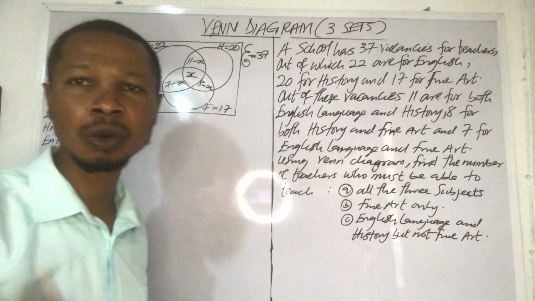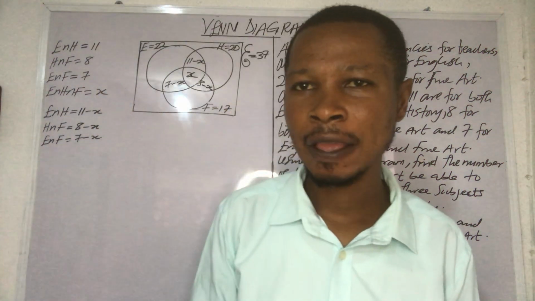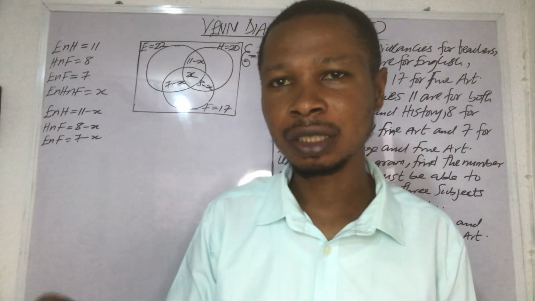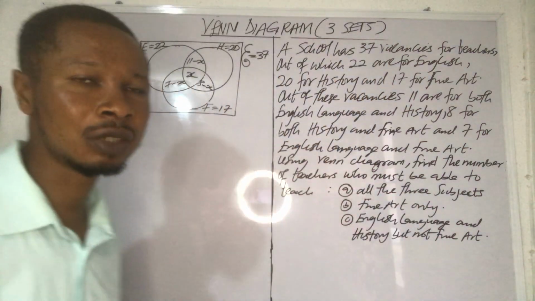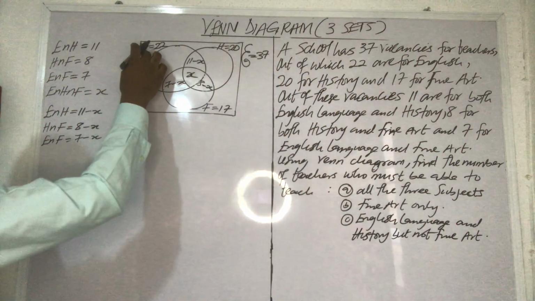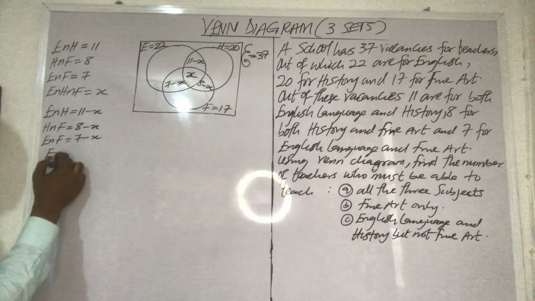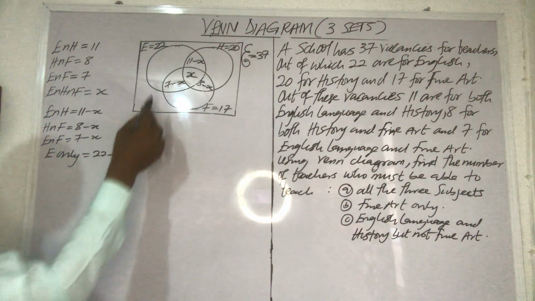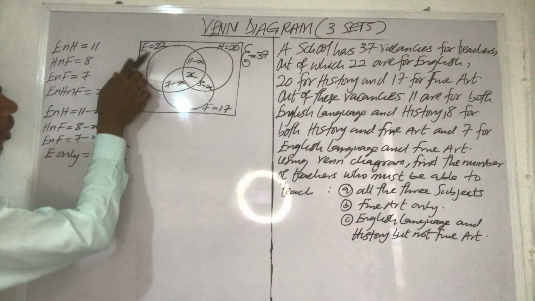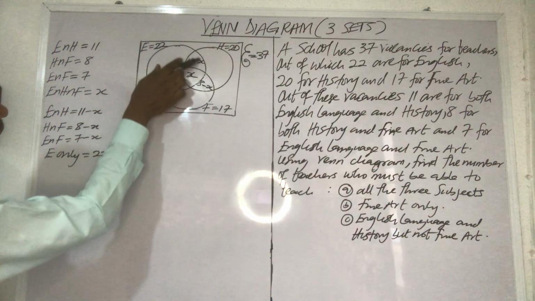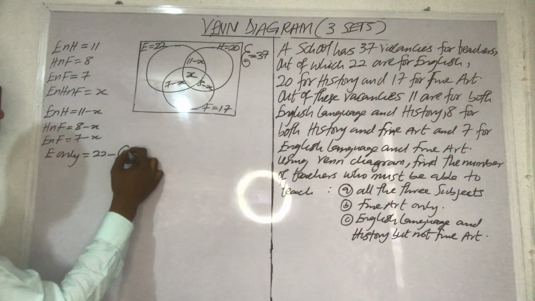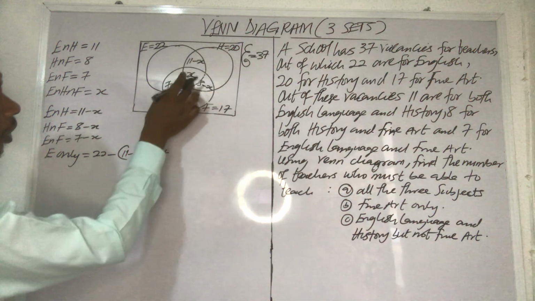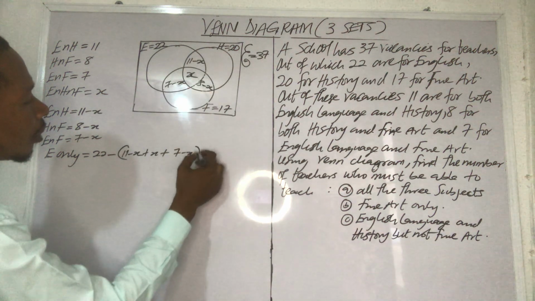If you are able to get the only of the two sets first, then we now get the only for each of the circles. To get our English only, that will be 22 minus all the sets in the English, which is 11 minus x plus 7 minus x.